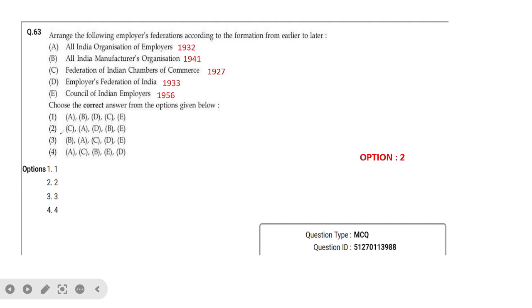So when you arrange them: All India Organization of Employers 1932, All India Manufacturers Organization 1941, Federation of Indian Chambers of Commerce 1927, Employers Federation of India 1933, Council of Indian Employers 1956. So when you arrange them from earliest to latest, option 2 will be the right option, starting from C and ending with E, Council of Indian Employers.